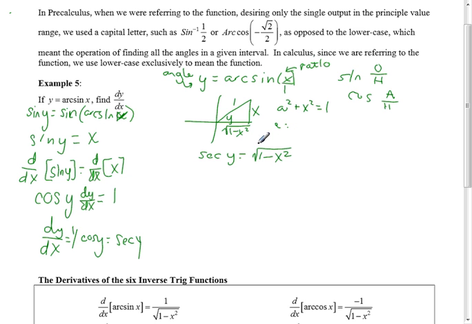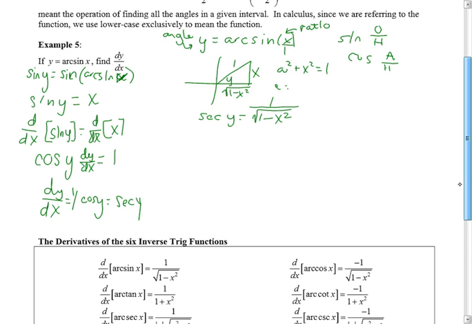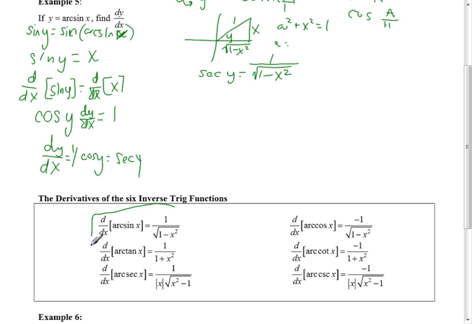Sorry, I made a mistake there. It's hypotenuse over that, so it's 1 over the square root of 1 minus x squared. We just figured out that the derivative of inverse sine is 1 over the square root of 1 minus x squared.